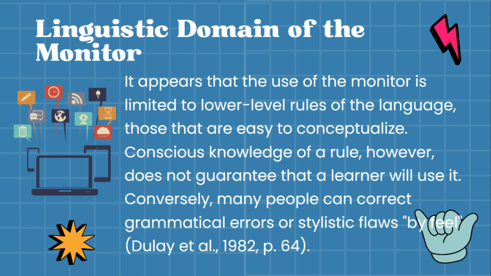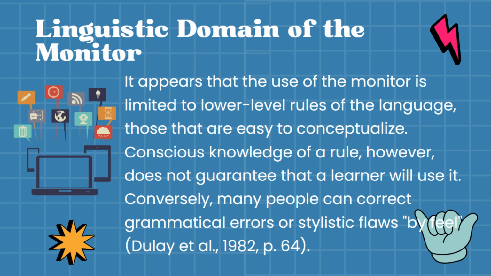Next, this is the last slide of my presentation today. It is the linguistic domain of the monitor. So it appears that the use of the monitor is limited to lower level rules of the language, those that are easy to conceptualize. Conscious knowledge of a rule, however, does not guarantee that a learner will use it. Conversely, many people can correct grammatical errors or stylistic flaws by feel.